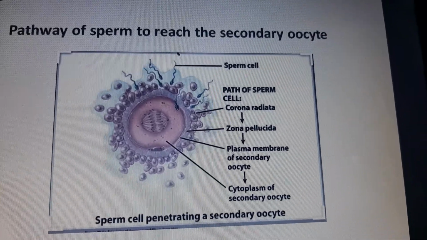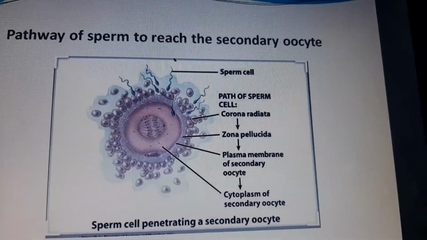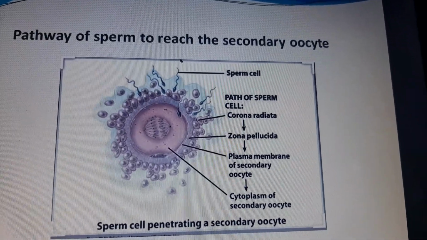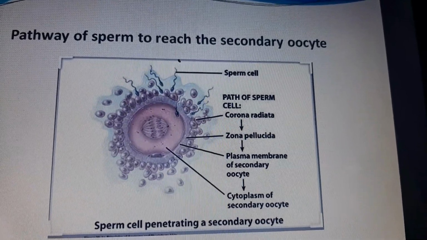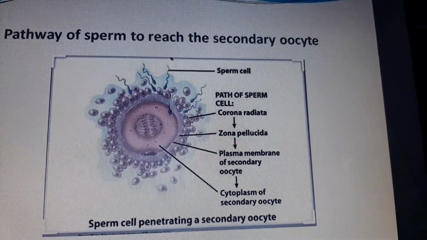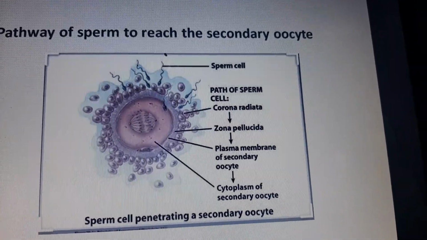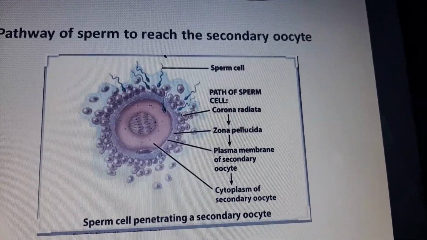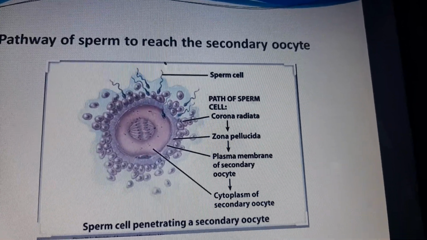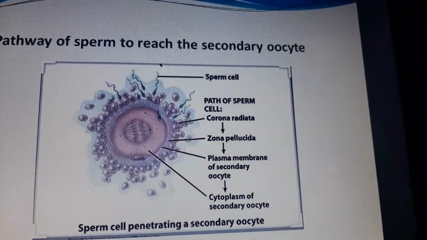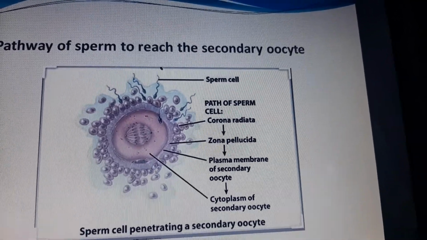Mainly it prevents polyspermy. The zona pellucida gets thickened and hardened, and it forms the fertilization membrane. What is the function of this fertilization membrane? This fertilization membrane prevents the entry of more than one sperm. It prevents polyspermy.